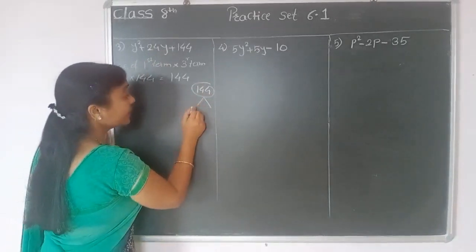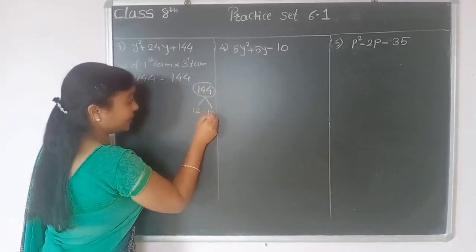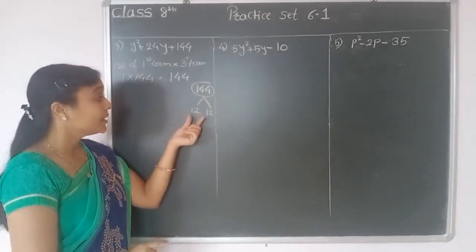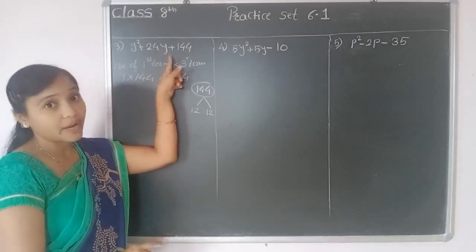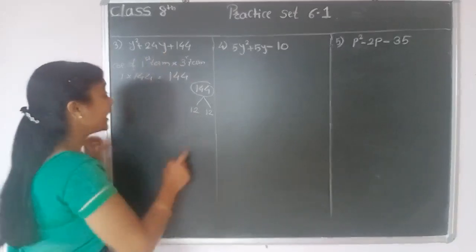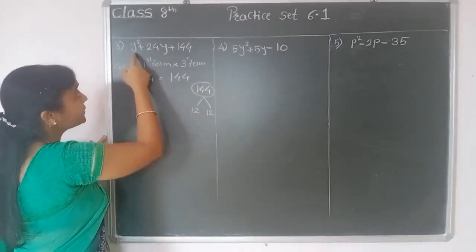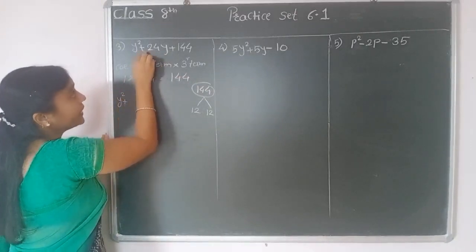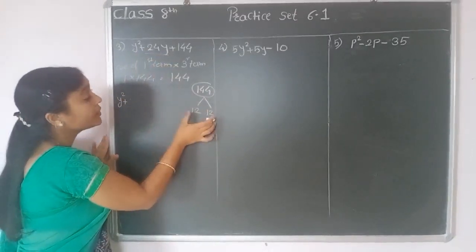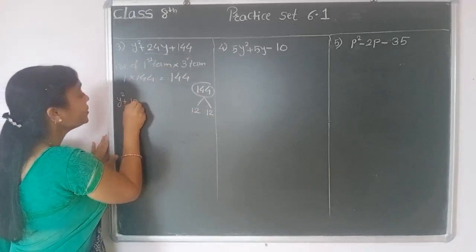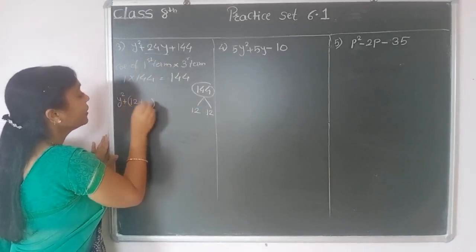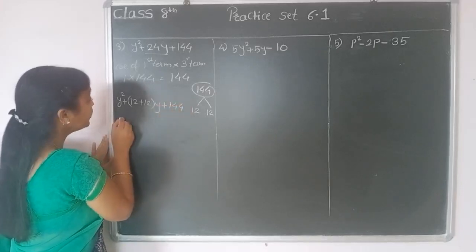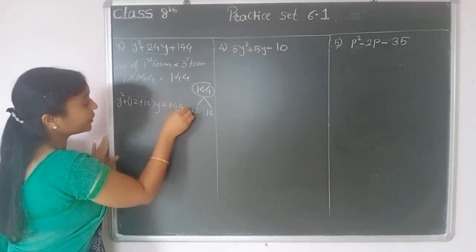If we take 12 and 12, 12 into 12 is 144 and their sum is 24. So we adjust these factors. Y square plus, you write the middle term in the form of these factors, 12y plus 12y plus 144. You can write here 12 into 12 also.